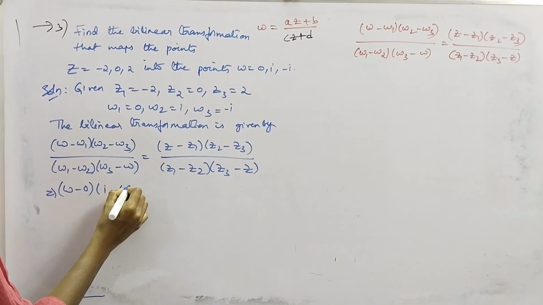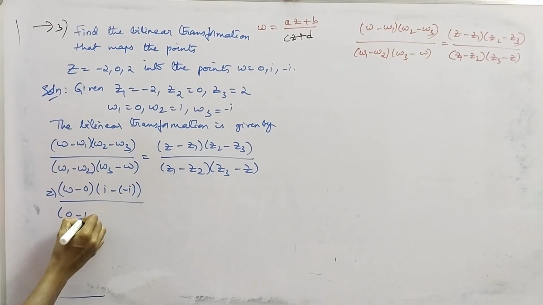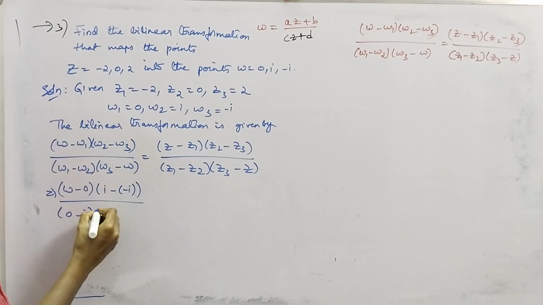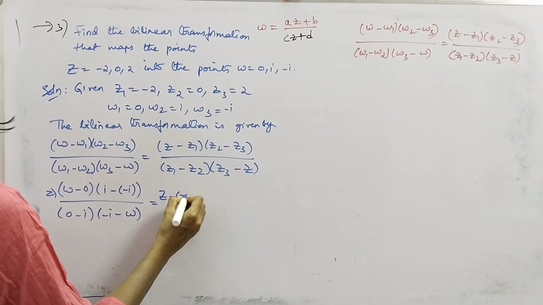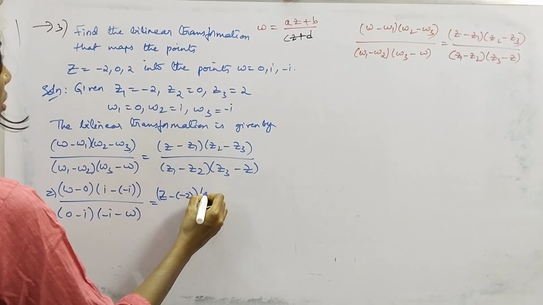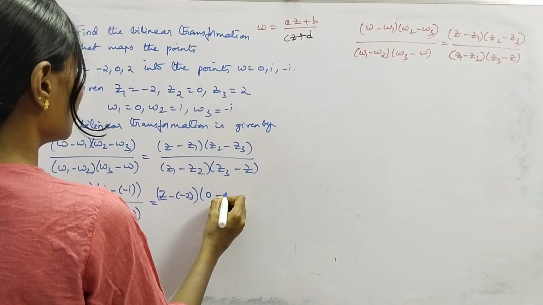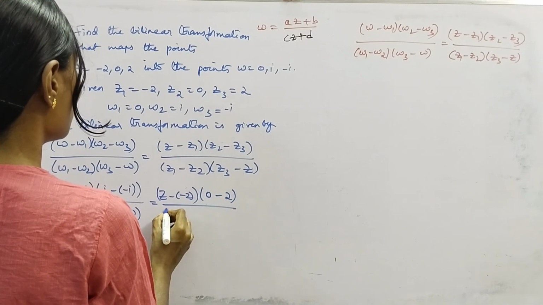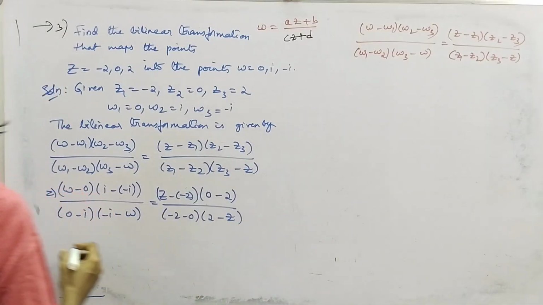Omega minus omega 1 into omega 2 minus omega 3 by omega 1 minus omega 2 into omega 3 minus omega equal to z minus z1 into z2, 0 minus z3 by z1 minus z2 into z3 minus z, right?